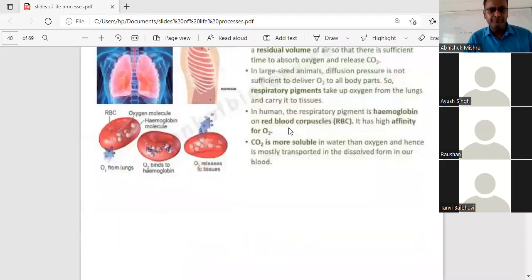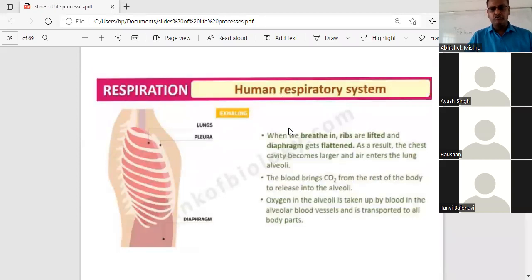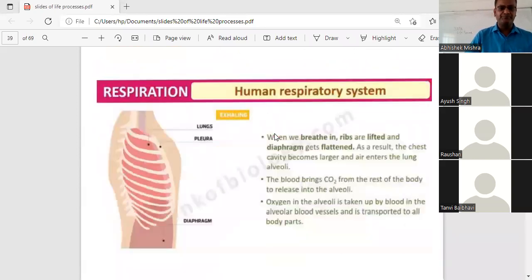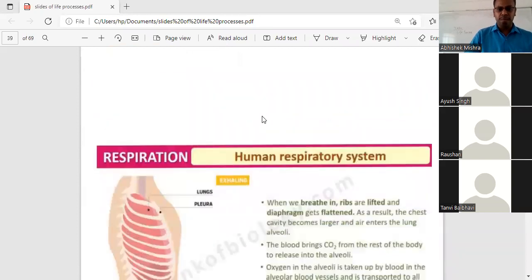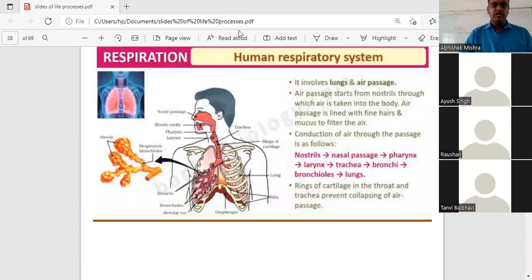Just a moment. Okay. Now, students, see what happens in this process. See, first of all, students, a few very important points I will tell you here regarding inspiration.